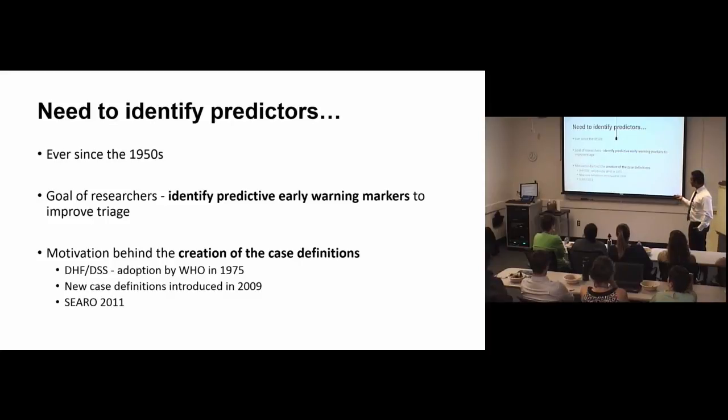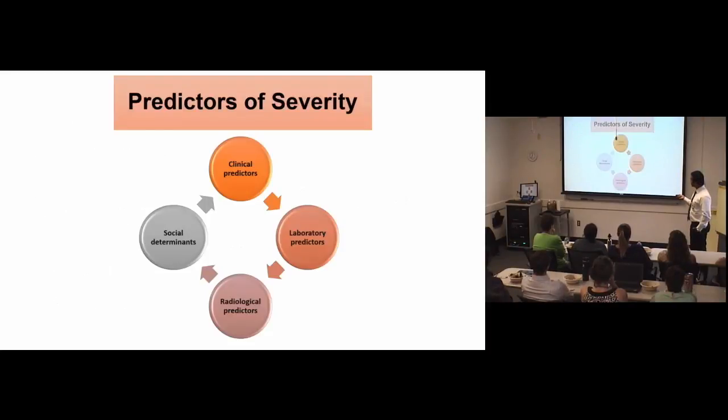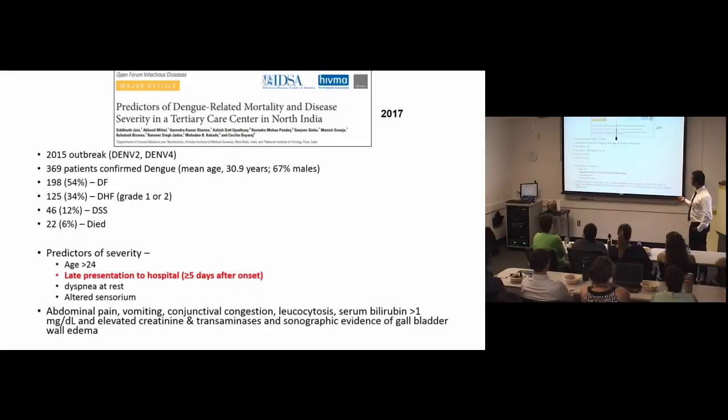There have been several case definitions to date. The 2011 one has been the most recent. The predictors of severity can be clinical predictors, laboratory predictors, radiological or sonographic predictors, you can say, and also there are social determinants that are important in dengue severity.